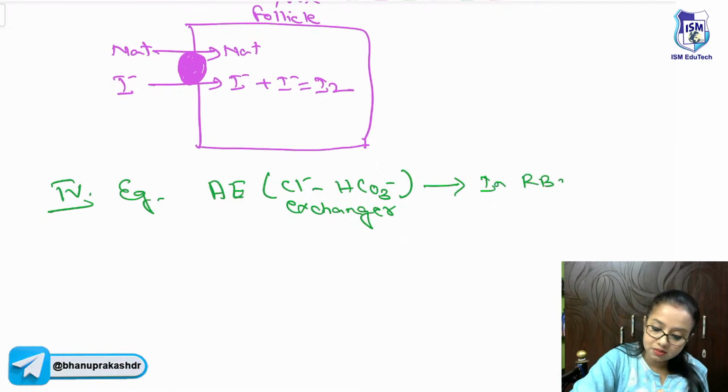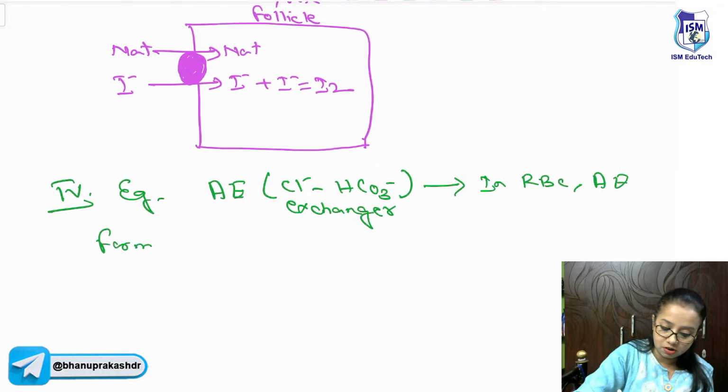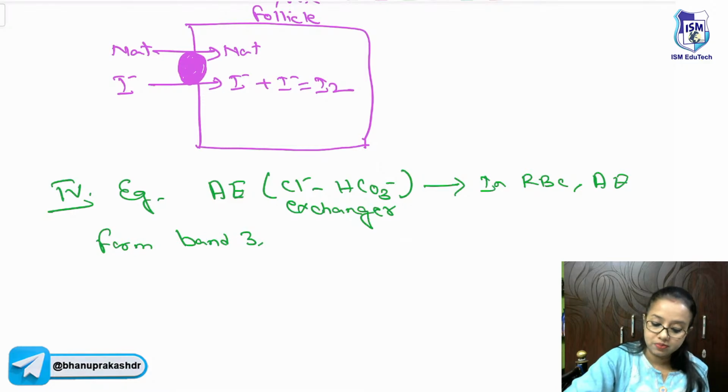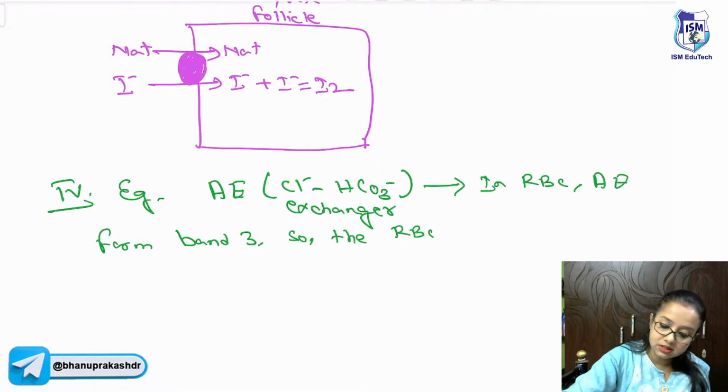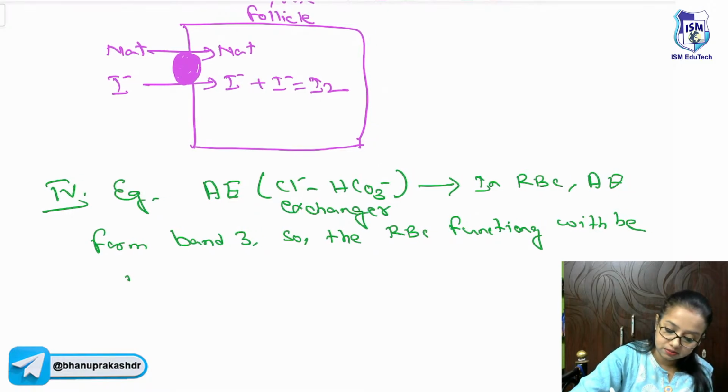In RBC, this exchanger forms band 3. Okay. So the RBC functioning will be affected.